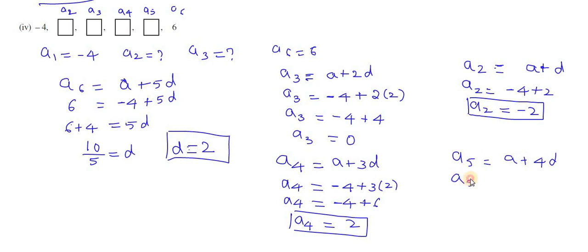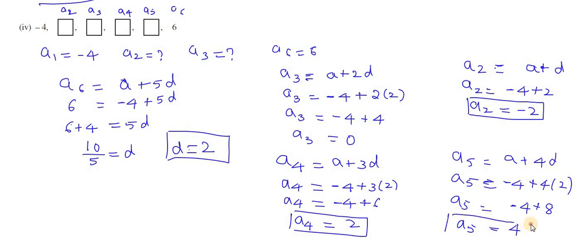So a5 is equal to a plus 4d. The a value is minus 4 plus 4 into the d value, which is 2. So a5 is equal to minus 4 plus 8, 4 twos are 8. So a5 is equal to 4.